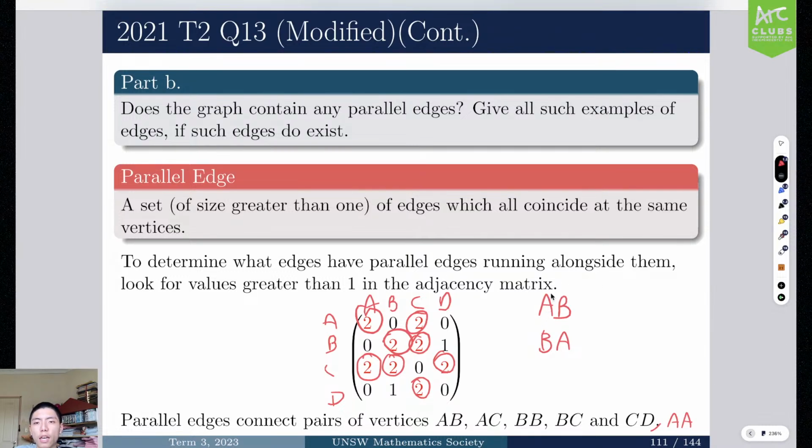So AB and BA are different in theory, but because we only care about the parallel edges that run backwards and forwards, there is actually no difference between AB and BA outside of this adjacency matrix. Inside the adjacency matrix, they would actually be in different locations. So BA would be 0. Wait, actually, this is not BA.